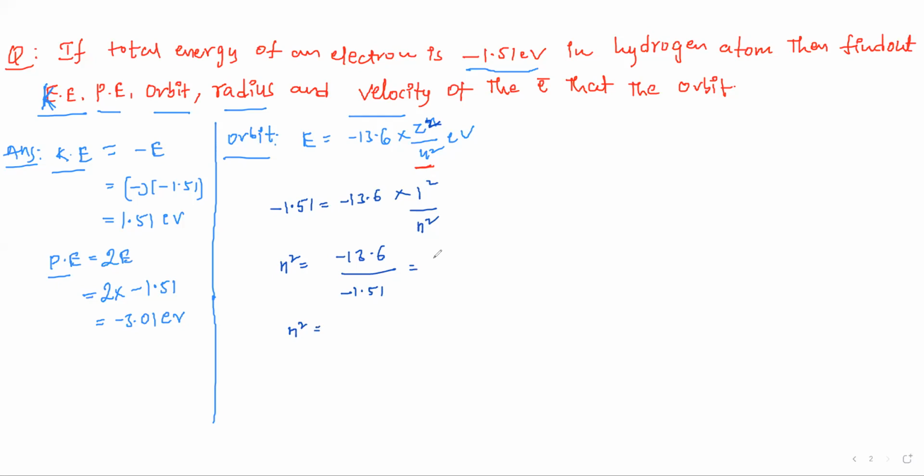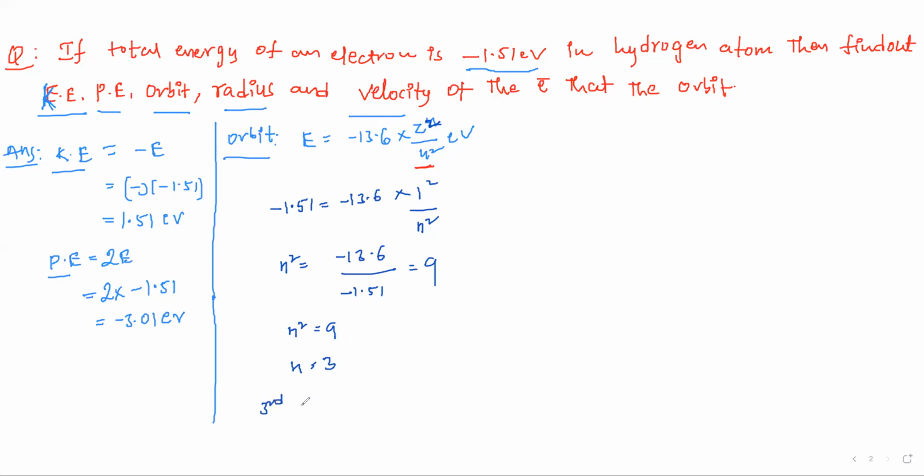Very good. So N square equals 9, then N equals 3. That means here 3. So which orbit is this? This is the third orbit.